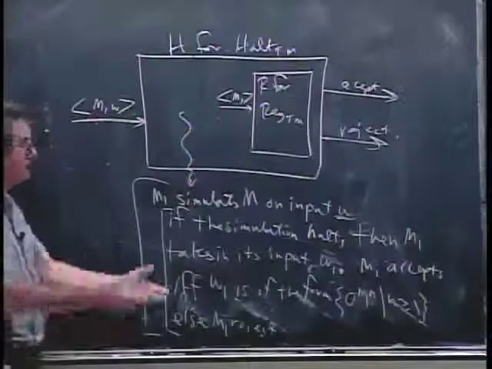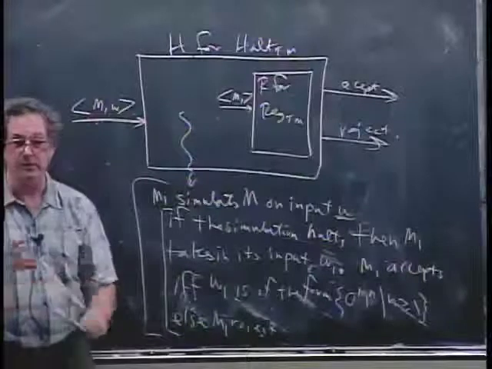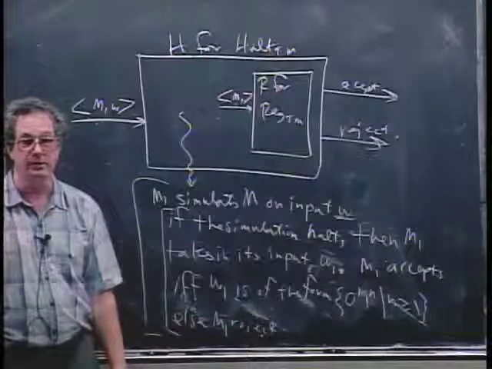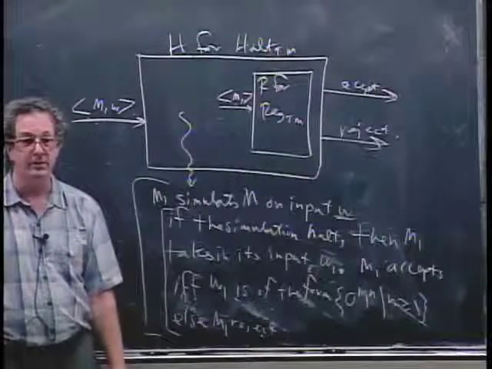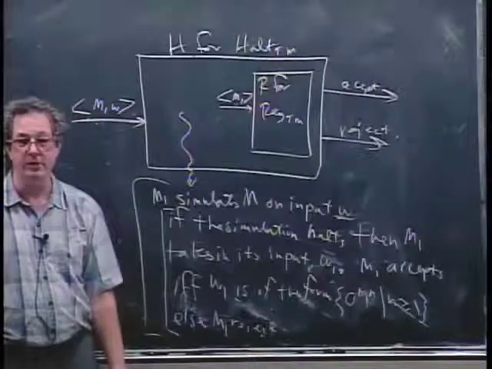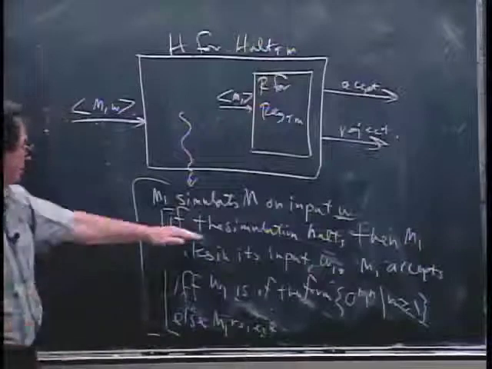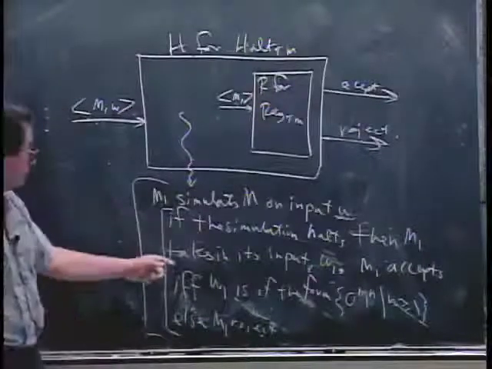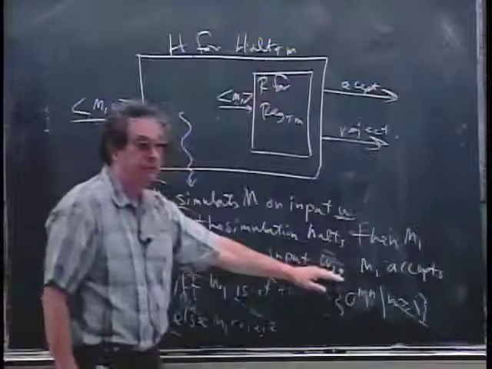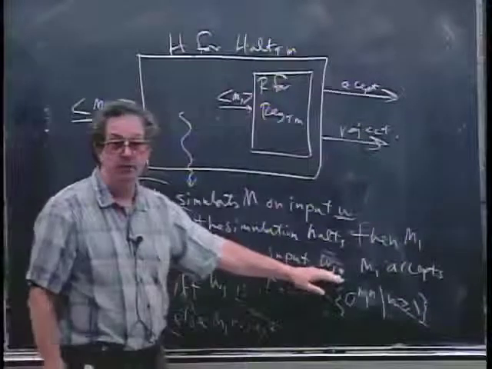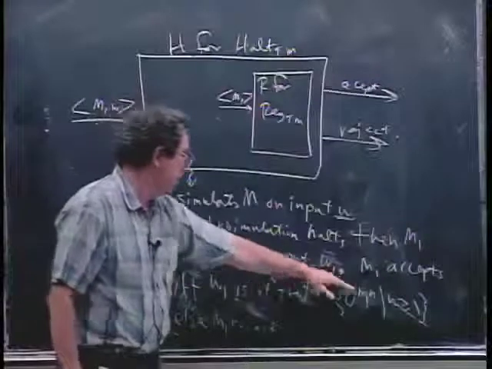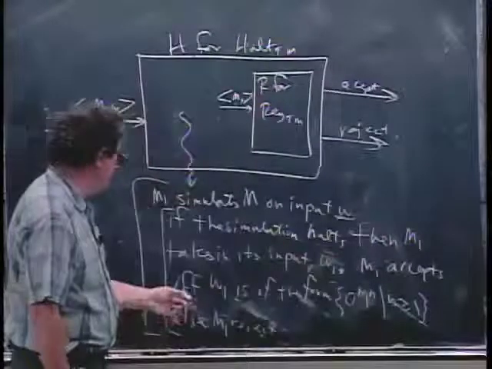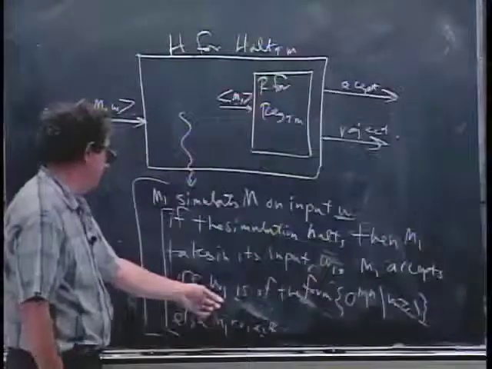And then it adds to that: if that universal Turing machine has an accept or reject, from the accept state or the reject state, that's when it knows that it's halted, and so it adds transition rules which say, now take a look at the input to M1 on its tape, and M1 will accept if W1 is of that form.